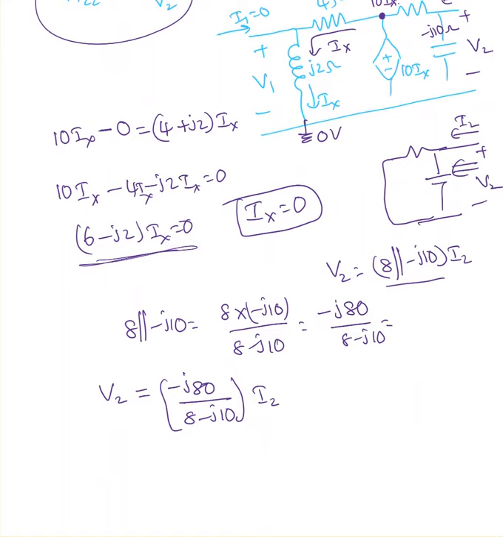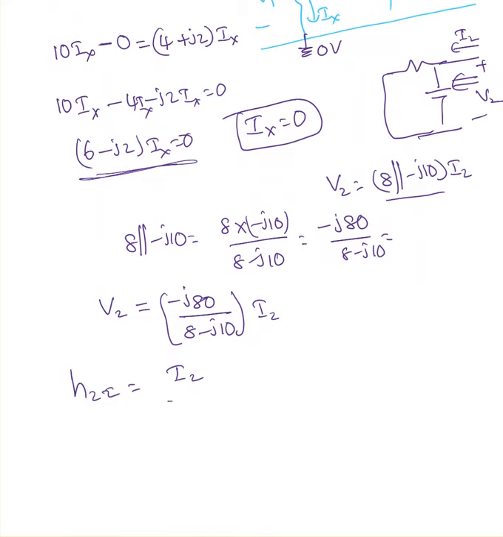So H22 equal to I2 over V2, which is 8 minus j10 over minus j80. If I take this minus j to the numerator, it will become plus j, since 1 over j is minus j.